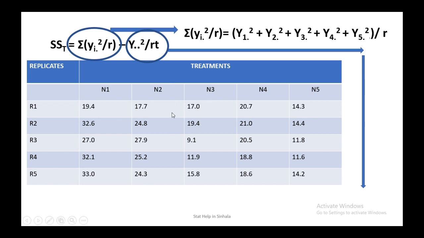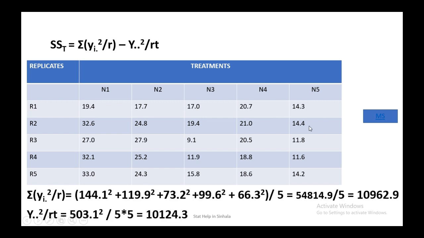We can have the grand total by getting summation of each of the observations. Then the result should be squared. Then that result should be divided by RT. R means number of replicates. T means number of treatments. In here there are 5 replicates, there are 5 treatments. Then R into T is 25.